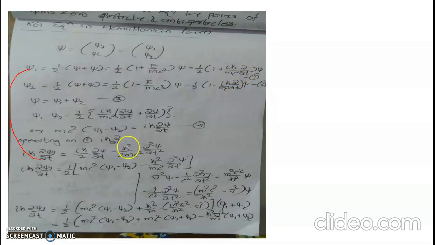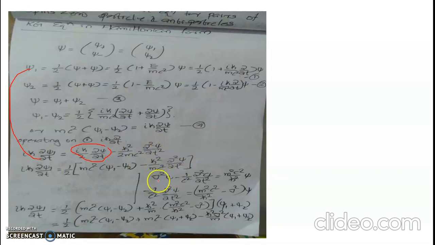So i h cross into i h cross gives minus h cross square by 2 mc square into dou square psi by dou t square. That is, i h cross dou psi 1 by dou t equal to 1 by 2, which is common, into i h cross dou psi by dou t. This is the first term. And we substitute i h cross dou psi by dou t as mc square into psi 1 minus psi 2, because I have to incorporate psi 1 and psi 2 on this right side: mc square into psi 1 minus psi 2 minus, with 2 taken out, h cross square by mc square into dou square psi by dou t square.